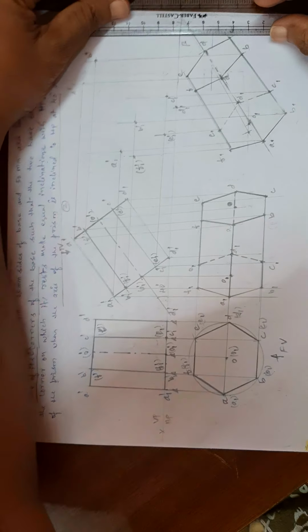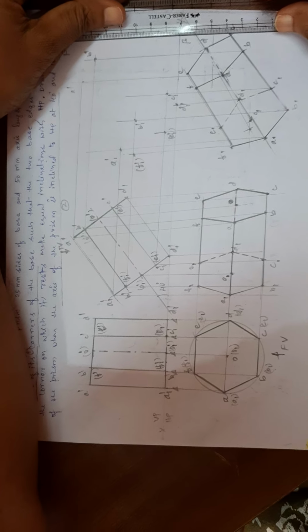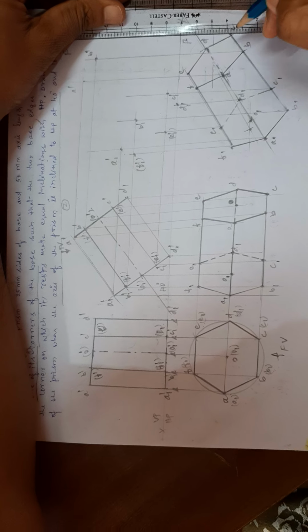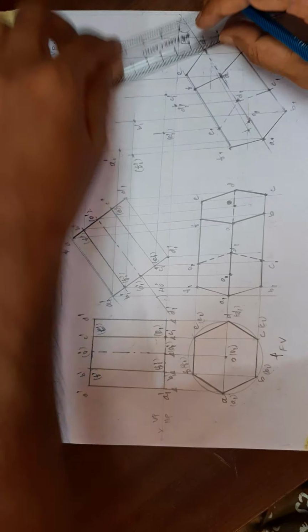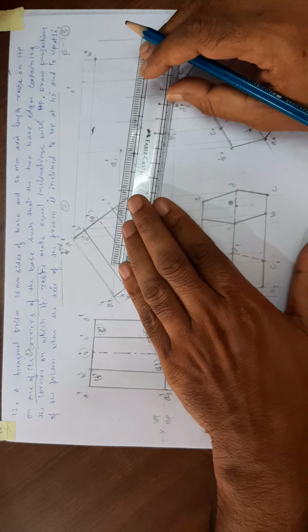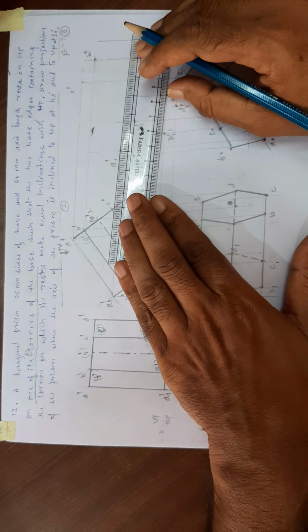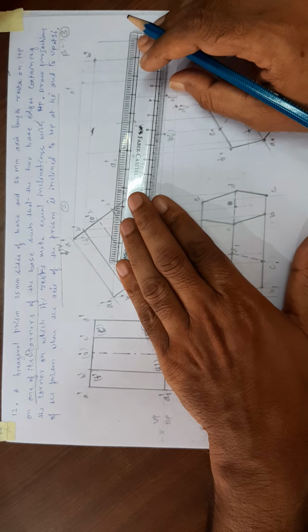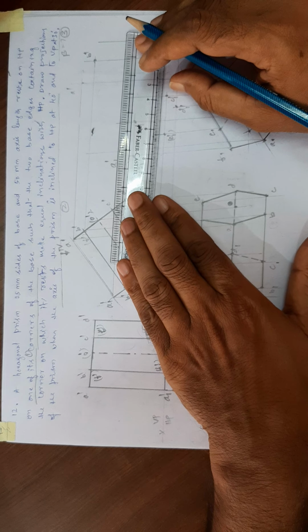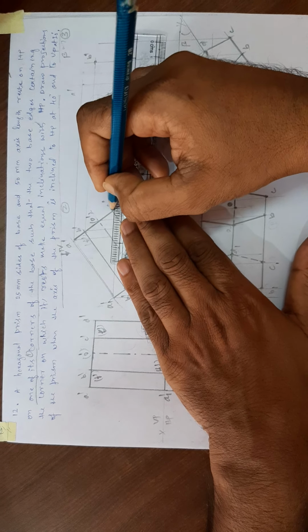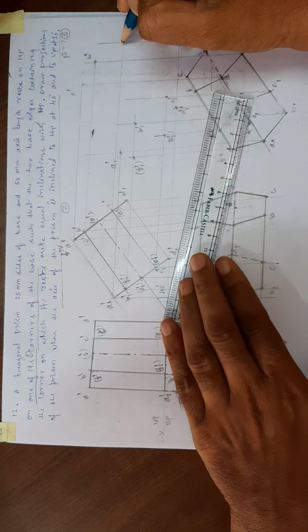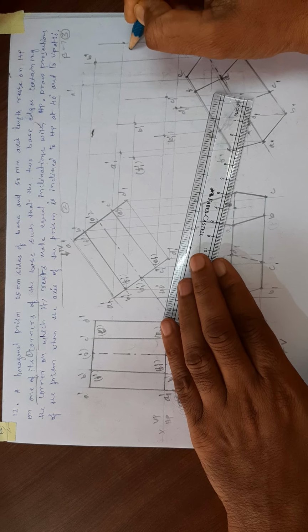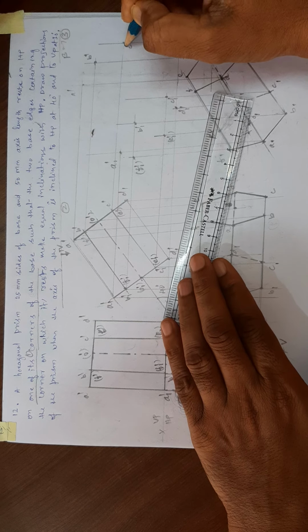Next, vertical projector line from the C, horizontal projector line from the C dash. Now see, this is C dash.